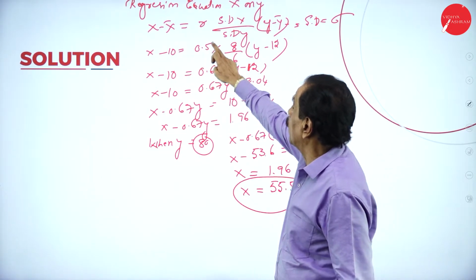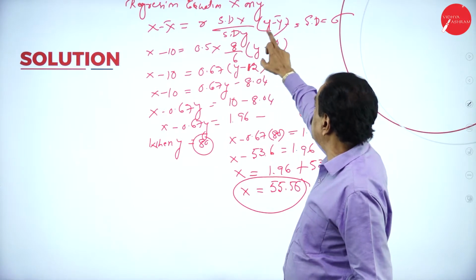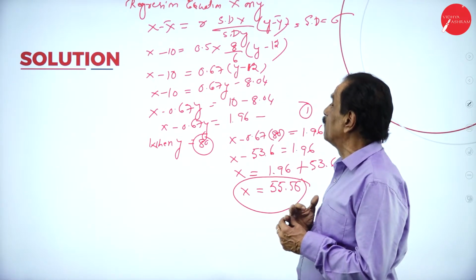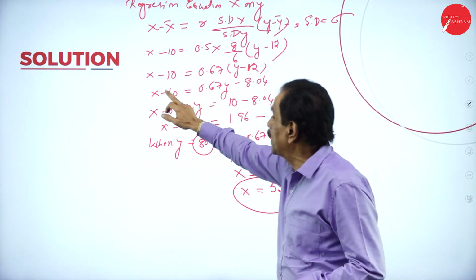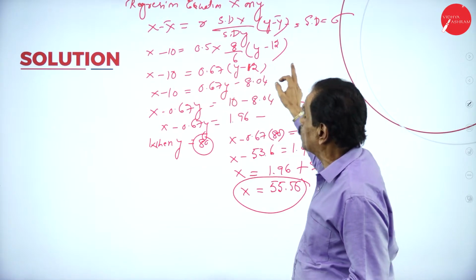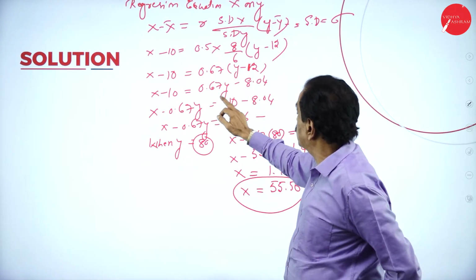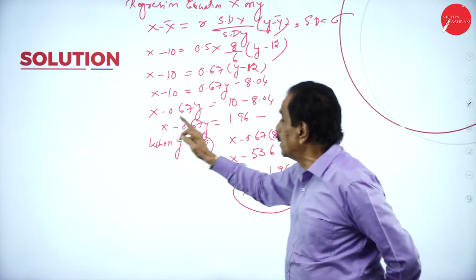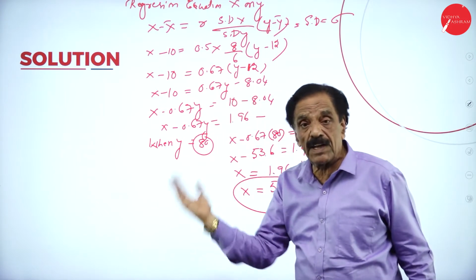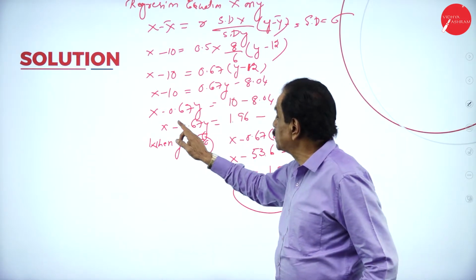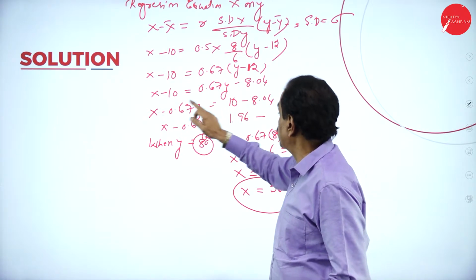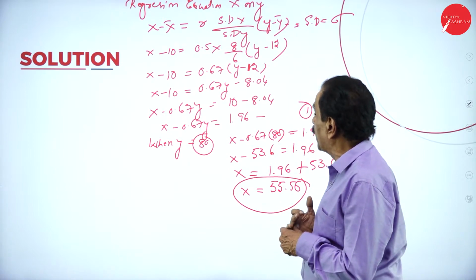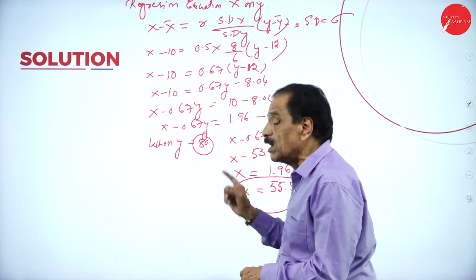So how does it go? X minus x mean equals r into standard deviation x divided by standard deviation y into y minus y mean. X minus 10 equals 0.5 into 8 divided by 6 into y minus 12, so x minus 10 equals 0.67 into y minus 12. X minus 0.67y equals 10 minus 8.04, which is 1.96.